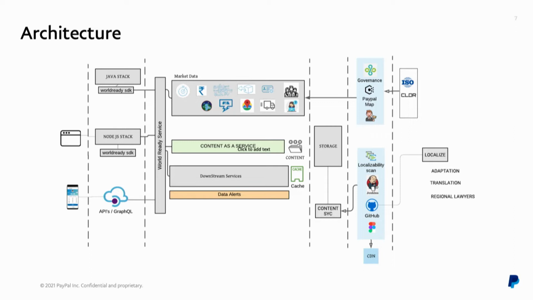If CLDR or our customer service number gets changed, we need to notify other people that something has changed. So we build in data alerts. It scans through this data periodically to check whether there is any mutation to these kinds of records, and we notify them. All of them combine together into a single service called World Ready service.